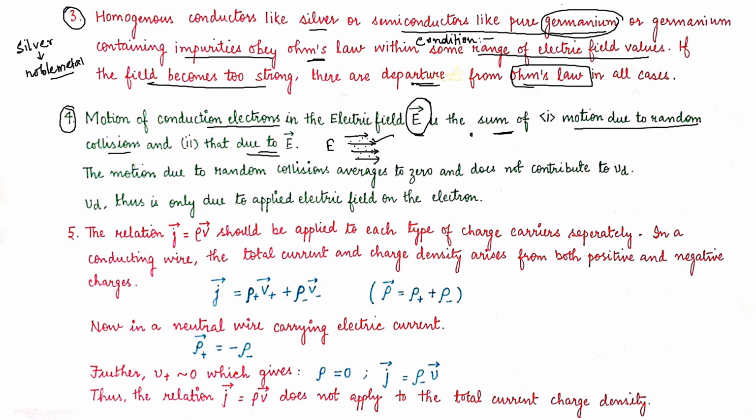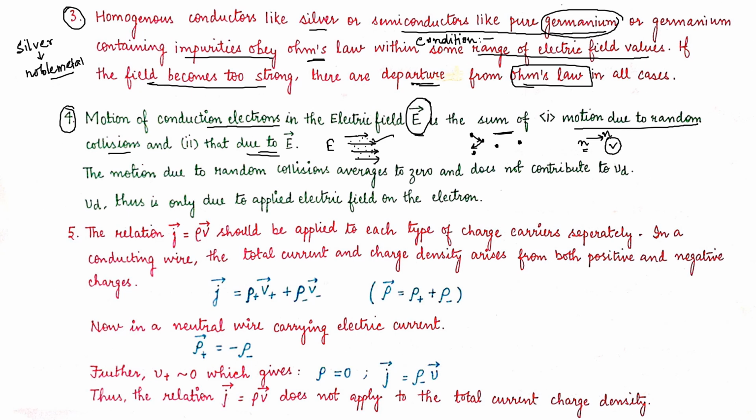Random collision means that this is one electron, this is another, and similarly there are n number of electrons in a given volume V. When these electrons move in a straight path, they meet another electron and collide with each other, and then change direction.